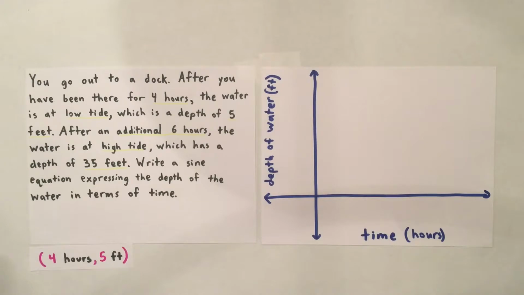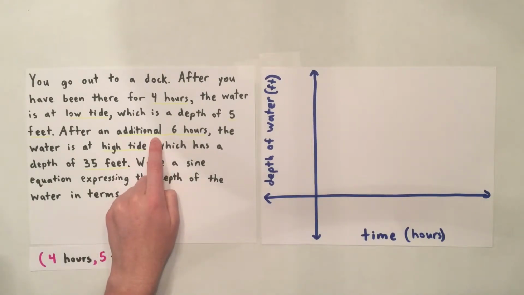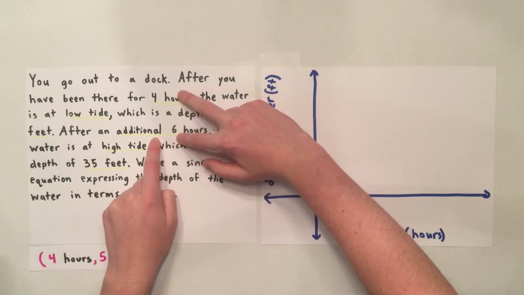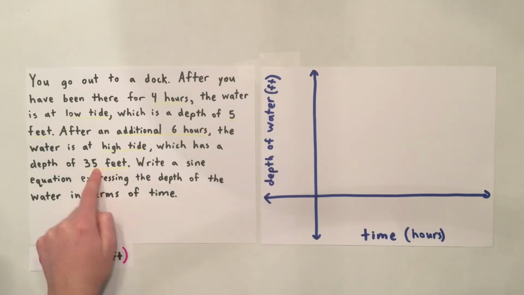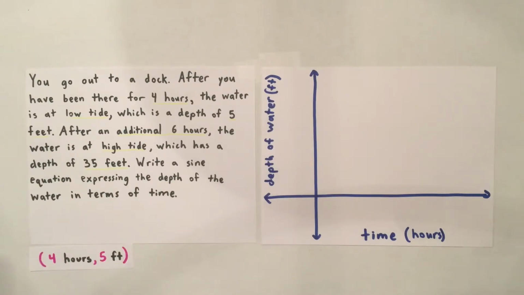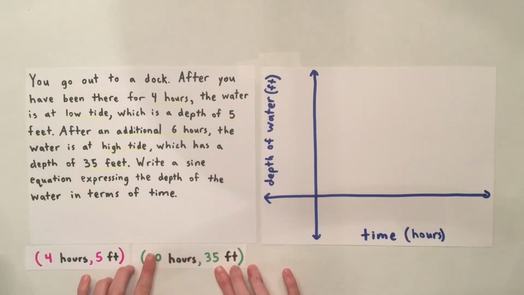The problem then says that after an additional 6 hours, so 10 total hours in our time when you add the previous 4 hours, the water is at high tide with a depth of 35 feet. Since this is the highest depth the water can go, it is our maximum point. So our maximum point is 10 hours, 35 feet.